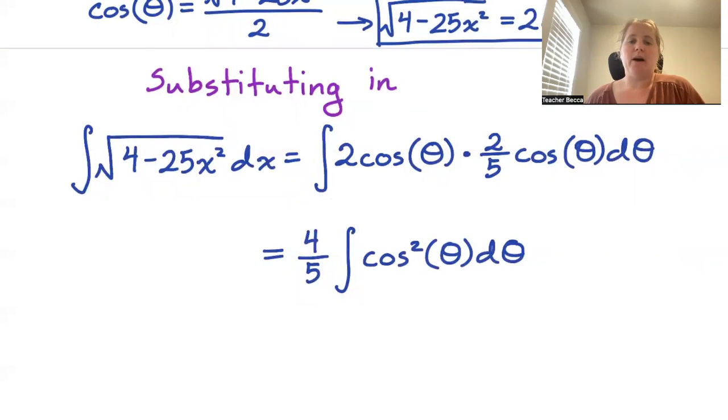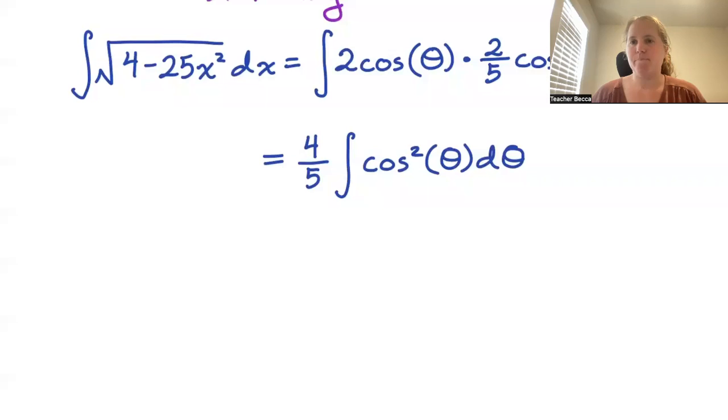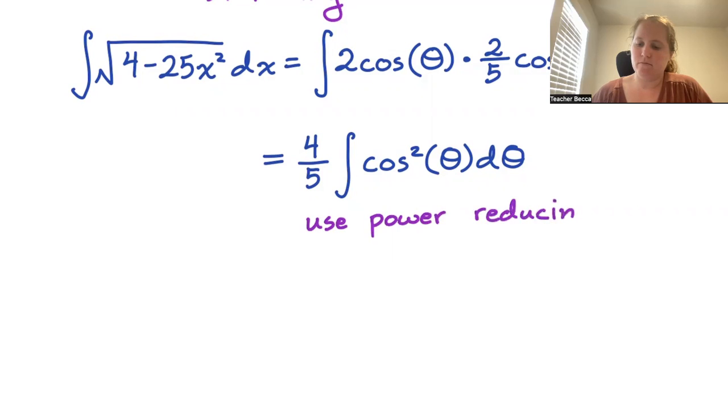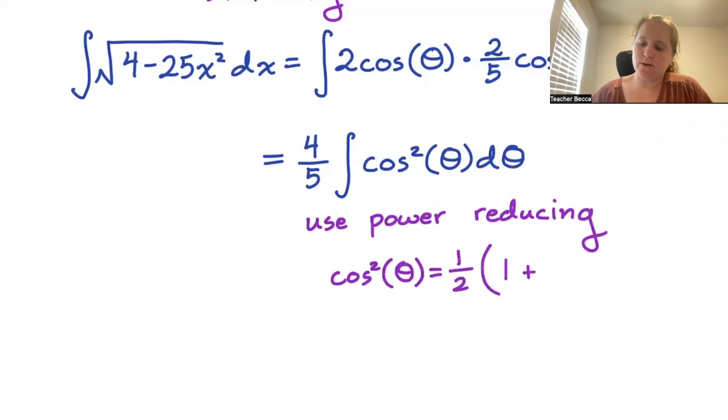Here we are going to use power reducing. Cosine squared of theta is equal to 1/2 of, in parentheses, 1 plus cosine of 2 theta.